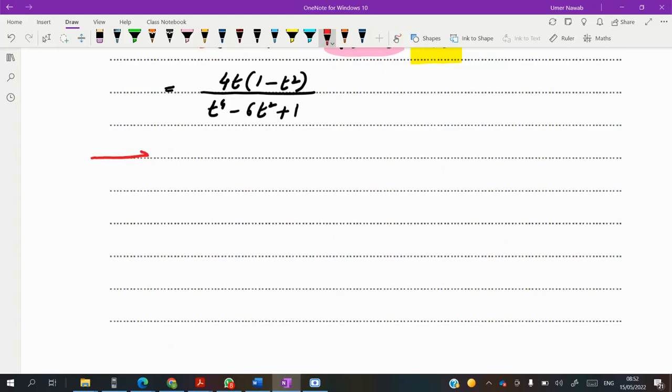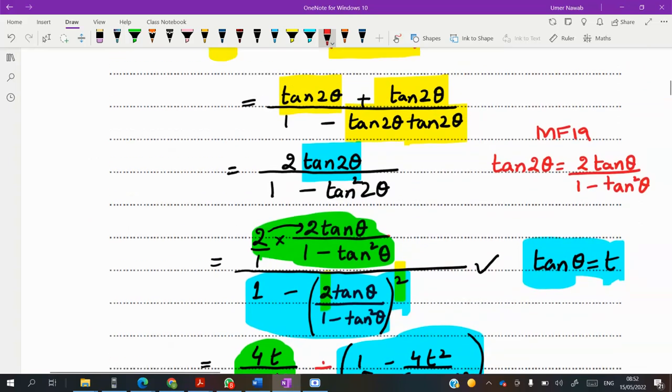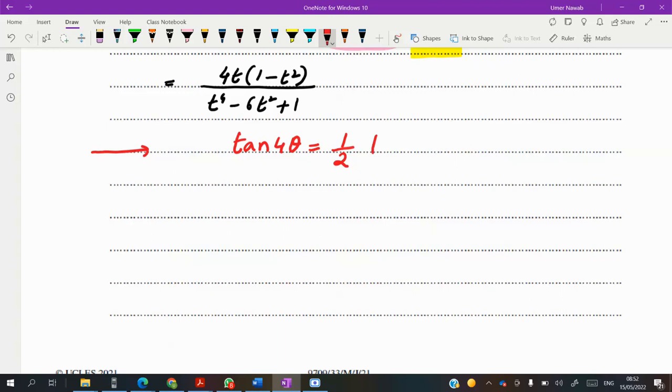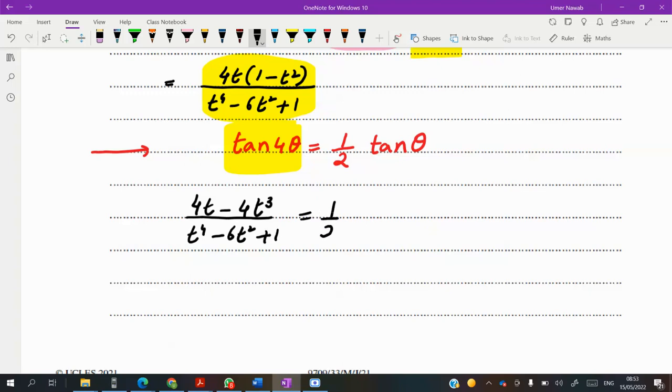Since the equation was given to me, tan 4 theta, we have to put it equal to half tan theta. As you already see, tan 4 theta has been converted into this form. So I'm going to write 4, open the bracket, 4t minus 4t cubed over t power 4 minus 6t squared plus 1 is equal to half t, because tan theta is equal to t.